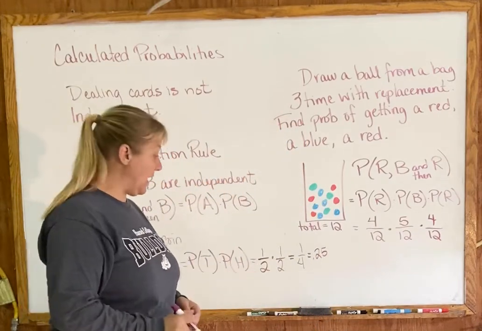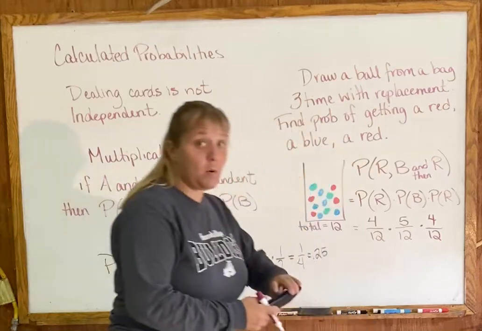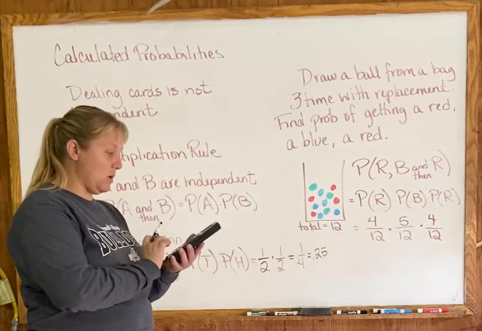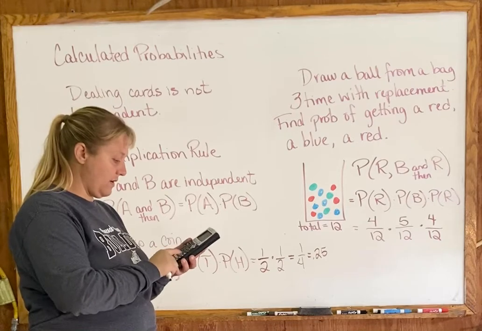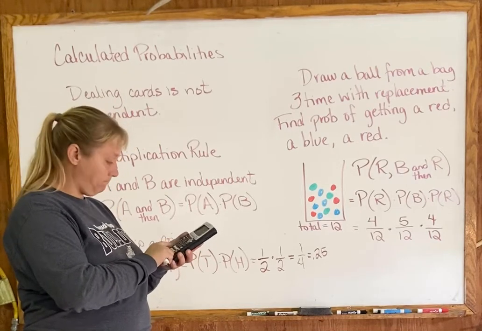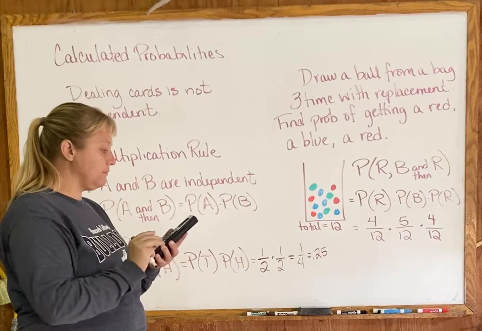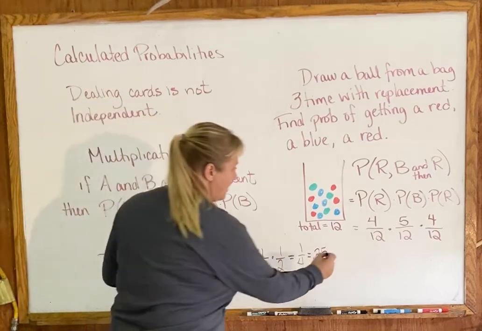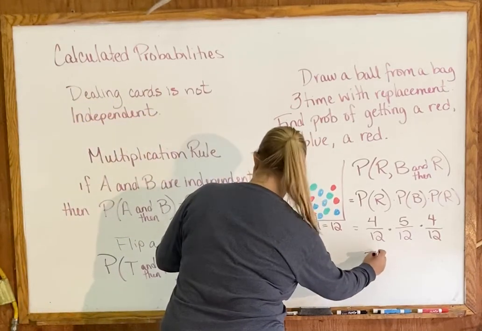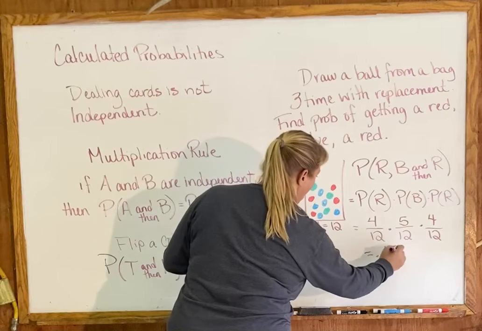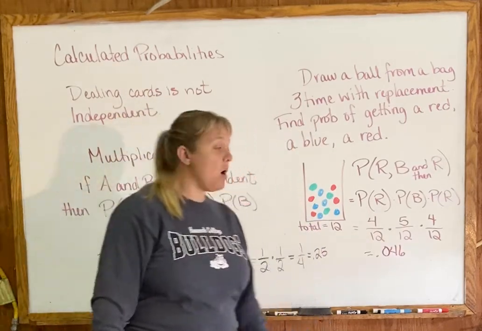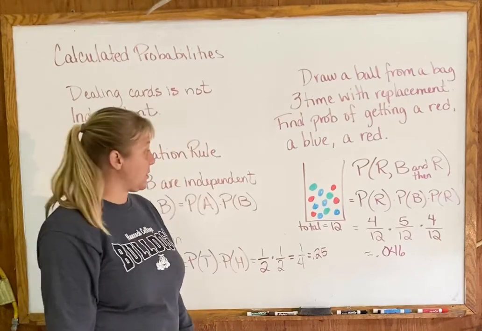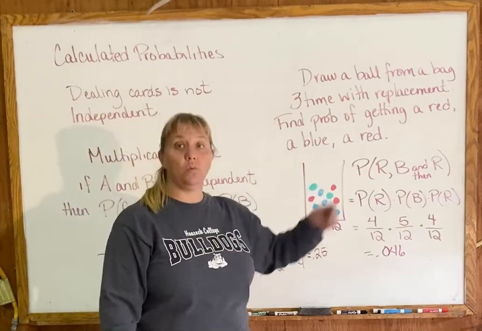So we're going to multiply these 3 probabilities together. Now remember what I said, this is probably going to be a small decimal. So 4 divided by 12 times 5 divided by 12 times 4 divided by 12. I got that this equals 0.046. So there's a small chance, 4.6%, that you're going to go red, blue, red.